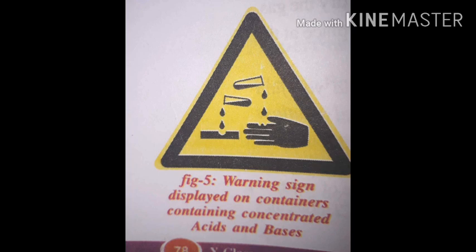So it is an exothermic process. Always remember that when we want to dilute the acid, we should add concentrated acid slowly into the water and stir it. We should never add water into the concentrated acid.